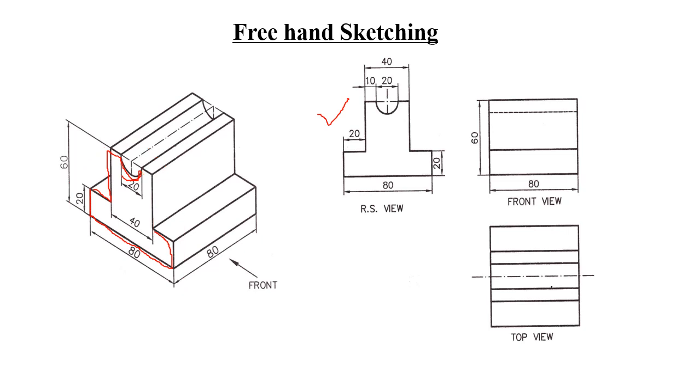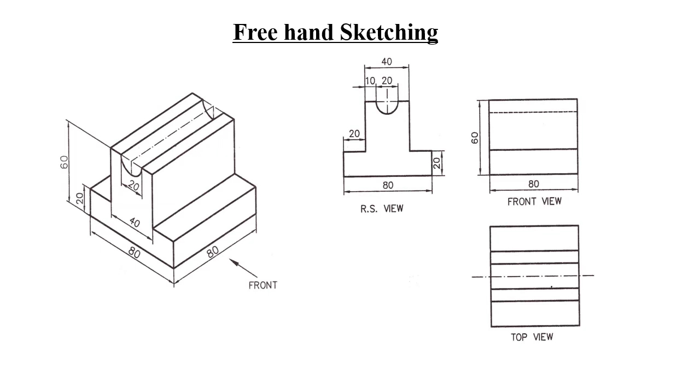So this is how you have to do the freehand sketching. Freehand sketching doesn't have serious procedures like isometric or development or section of solids, but the point is, you have to apply whatever you have learned as fundamentals in engineering drawing, and then you should not make use of any accessories to complete the drawing.